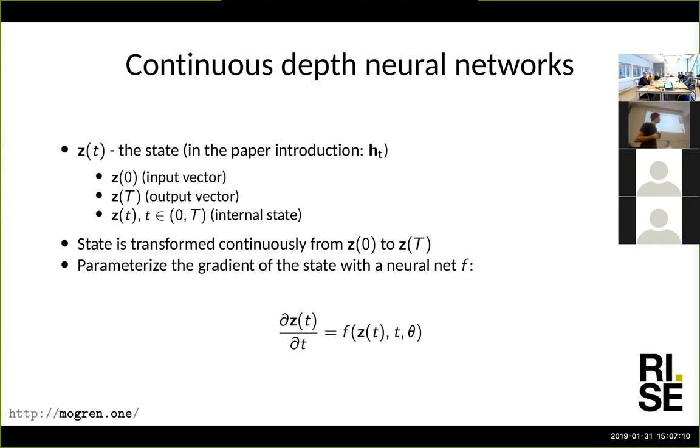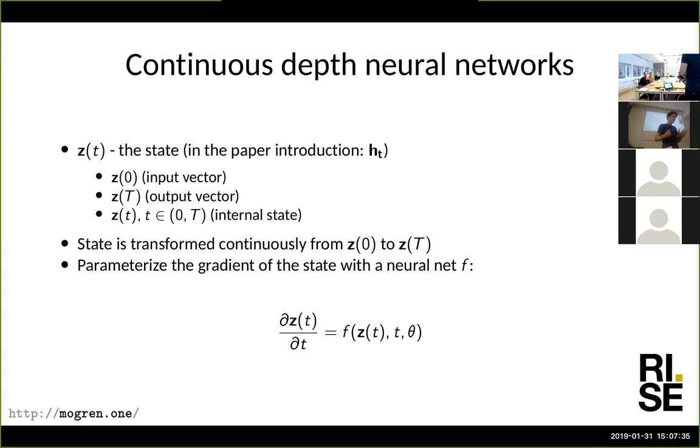We're now formulating what we're learning, the model, with this vector Z. Z is now the state of the network. In the paper, this is a bit confusing because in the first couple of pages they call it h. They don't change this when going from one model to the other.